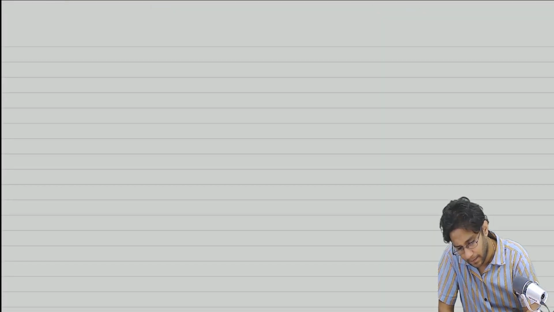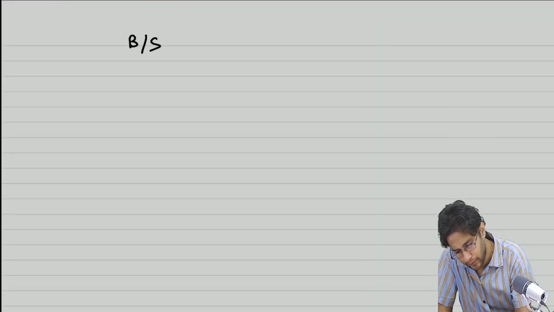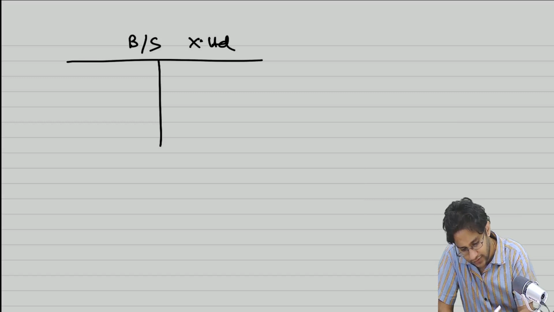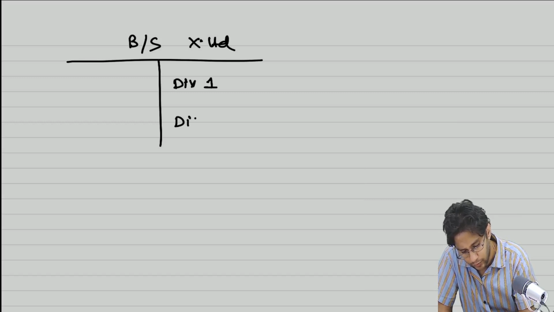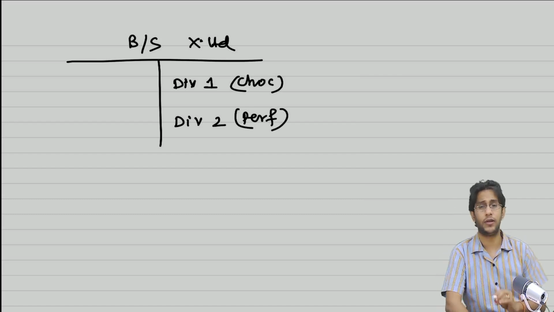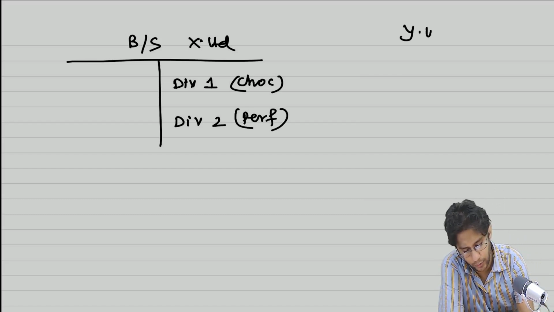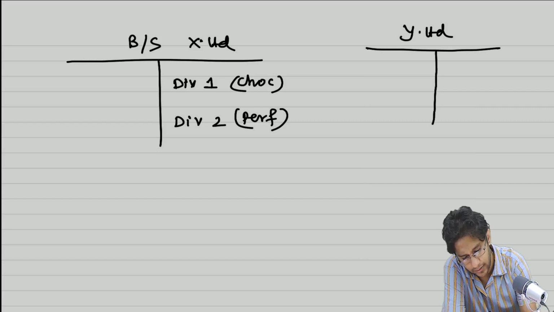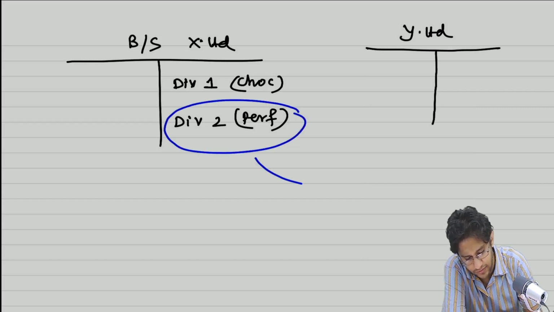Next. This is X Limited. It is having two divisions, division 1 and division 2. Here we are making chocolates. Let's say here we are making some perfumes. So what X Limited did is, X Limited created one more entity called Y Limited, and to this Y Limited, they transferred the perfumes division.